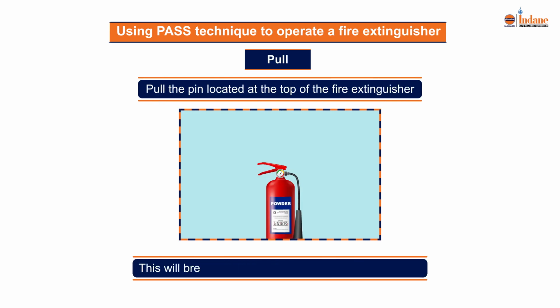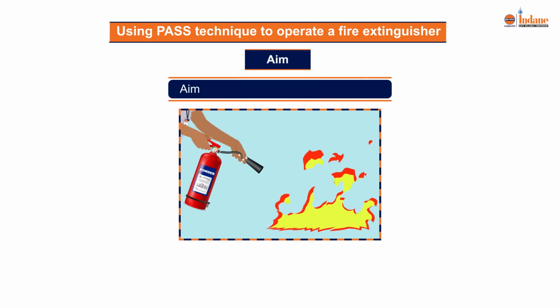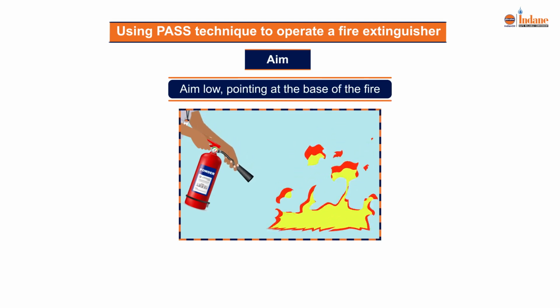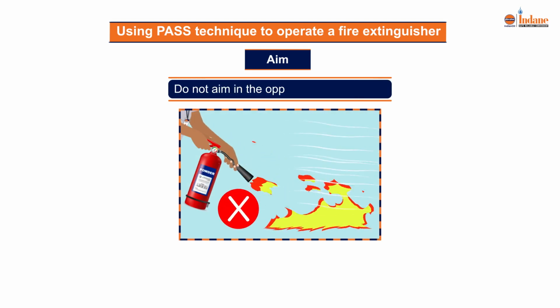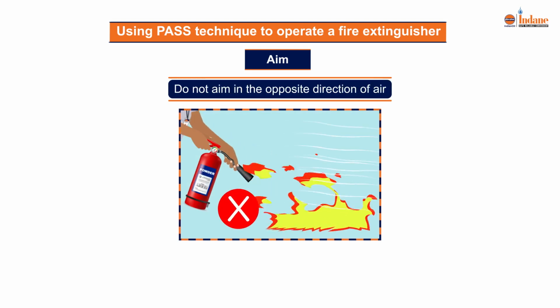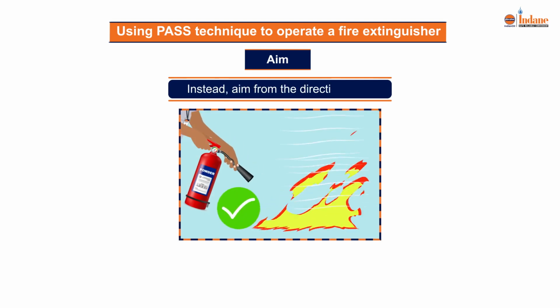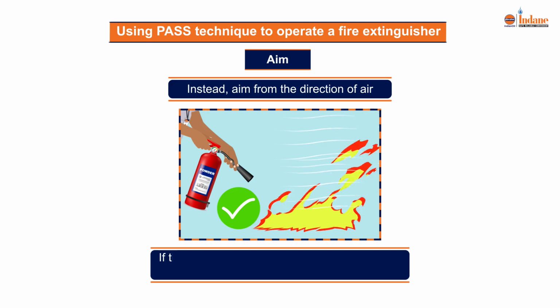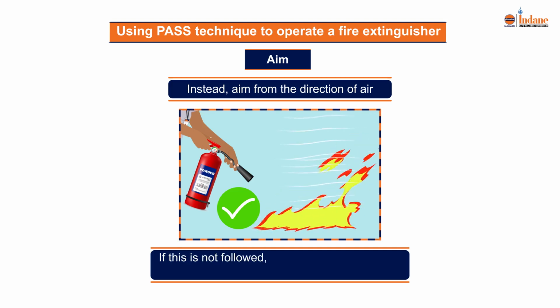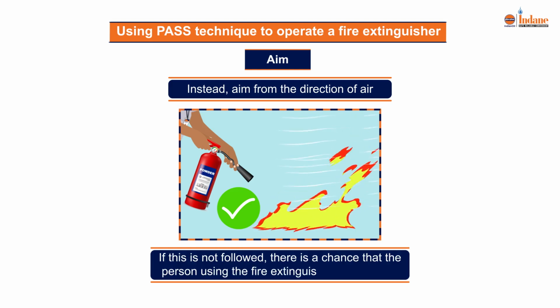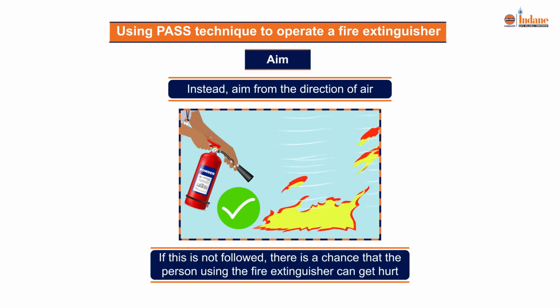This will break the seal and unlock the fire extinguisher. Next, aim low, pointing at the base of the fire. Do not aim in the opposite direction of air. Instead, aim from the direction of air. If this is not followed, there is a chance that the person using the fire extinguisher can get hurt.